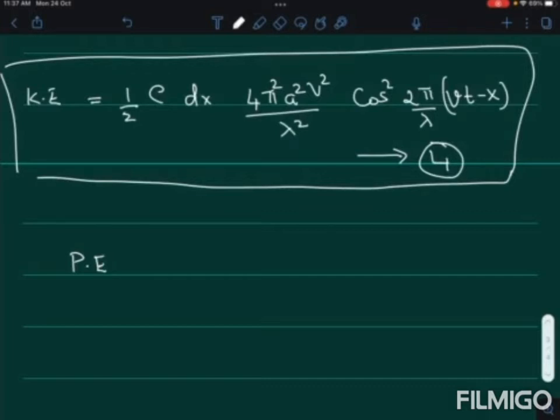So this is to find the potential energy. The first step is to find the force acting on the thin layer, that is dx.